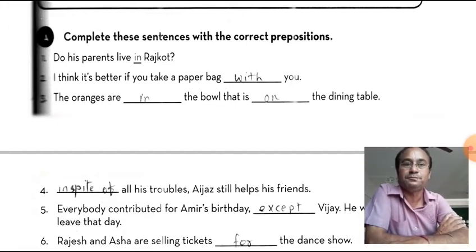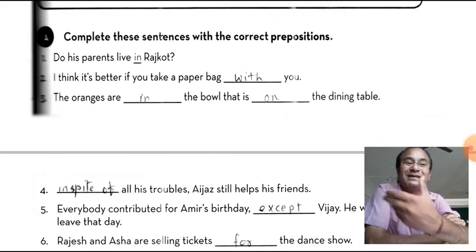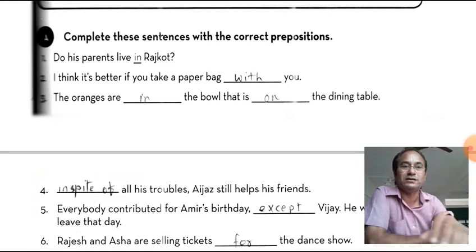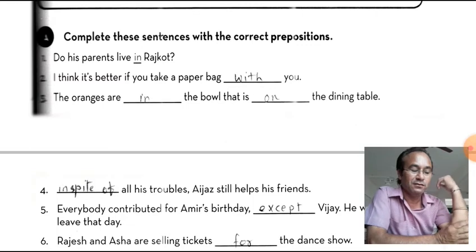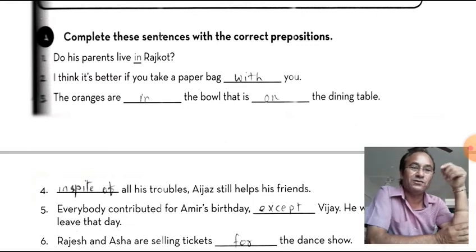Rajkot is a noun. I think it's better if you take a paper bag with you, with you. So it's very easy, it means accompanies. What is with you? What is along with you? That is.